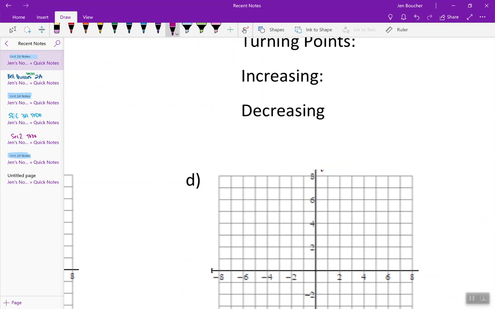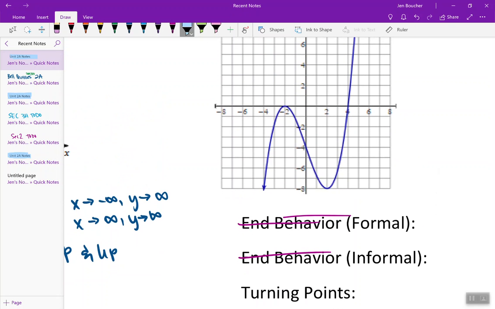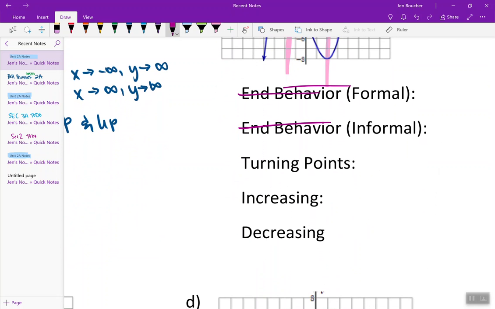Likewise, let's do this next one. We're not going to worry about end behavior because we've done that several times. Is that okay? Let's just do those last 3. So again, where are the turning points? At -2, 0 and 2, -8.